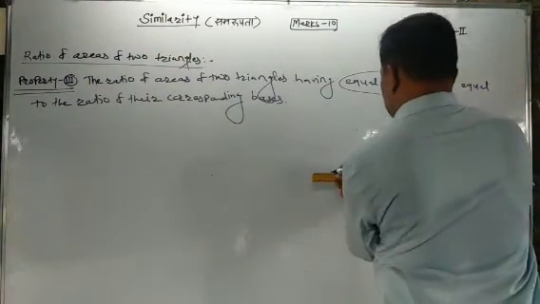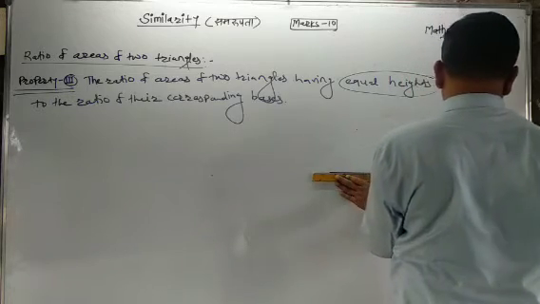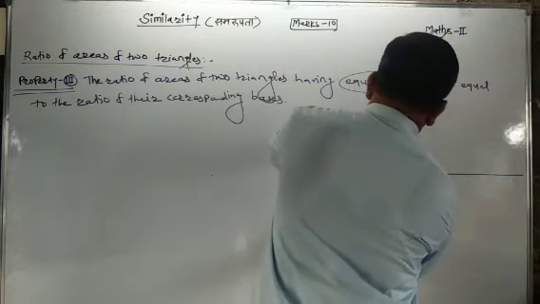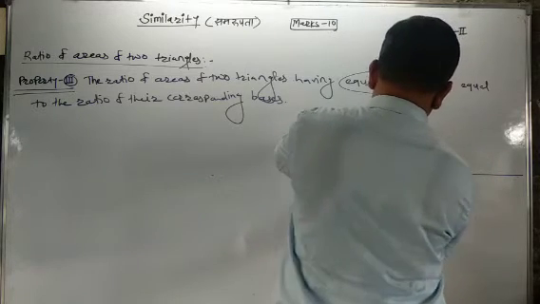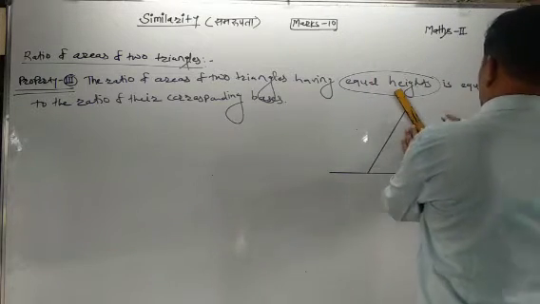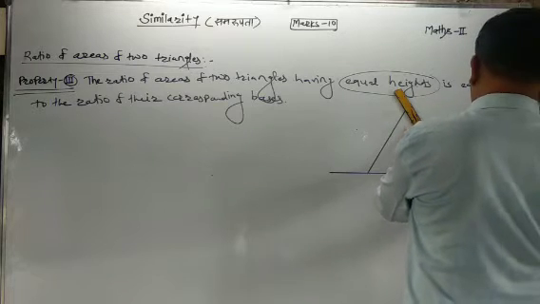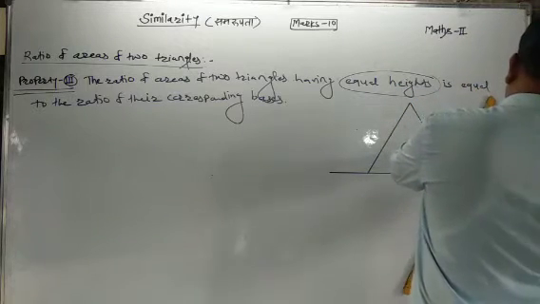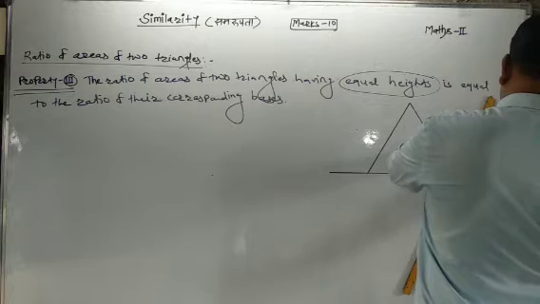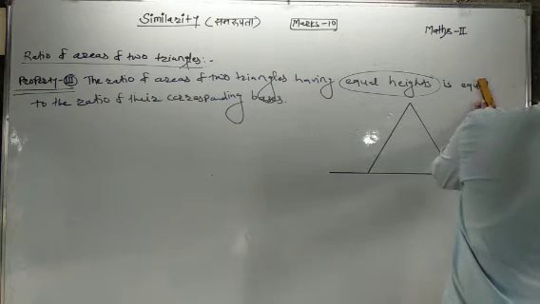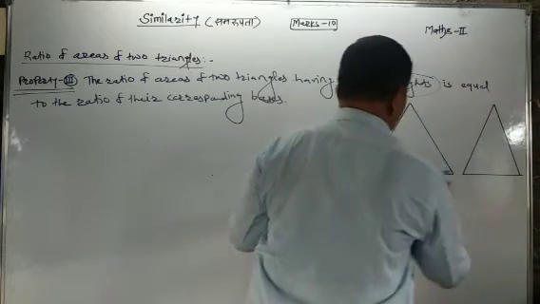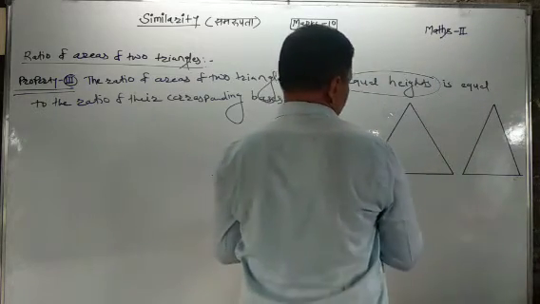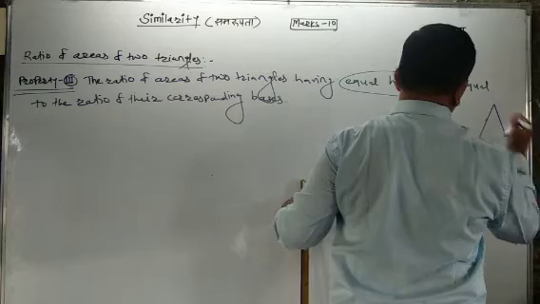Here are the two triangles whose bases are different but heights are equal. These are the two triangles having different bases and equal heights.